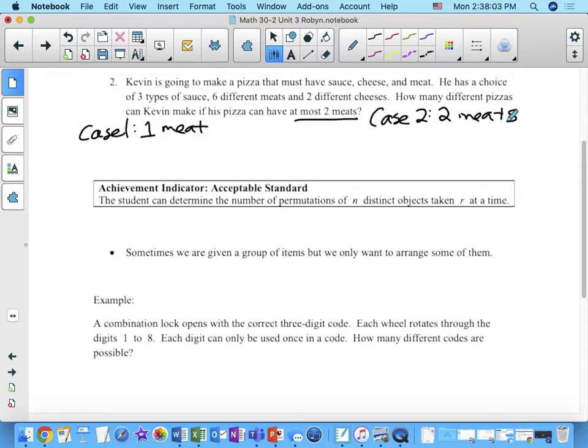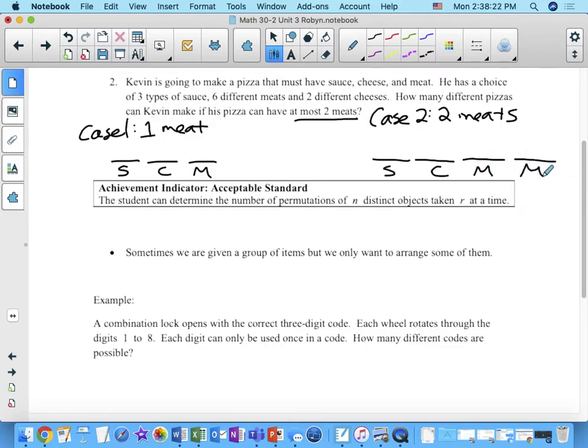We've got to pick a sauce, a cheese, and a meat. Okay, for case 2, we've still got to pick a sauce, and we've got to pick cheese, but now we've got to pick 2 meats, meat and meat.